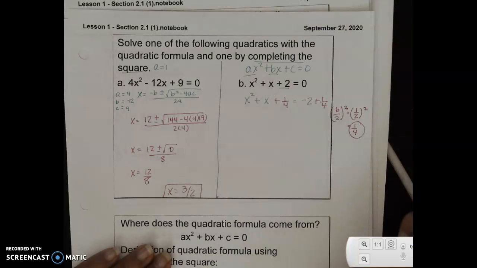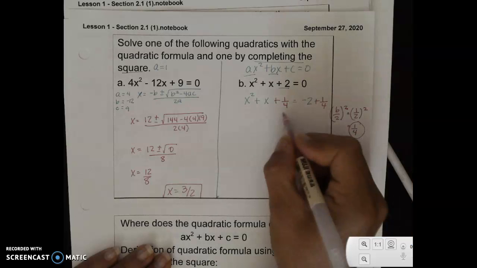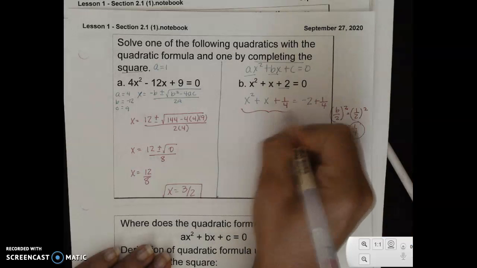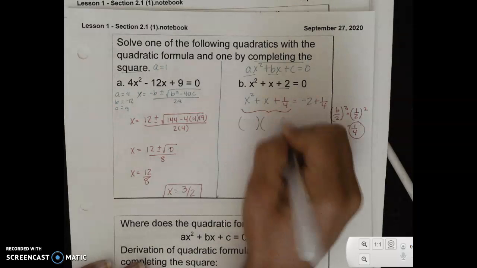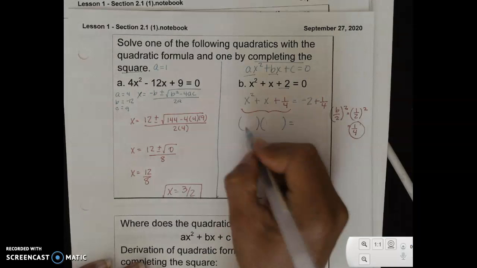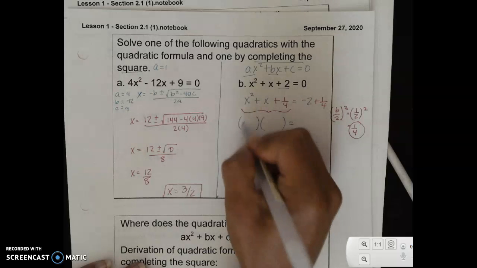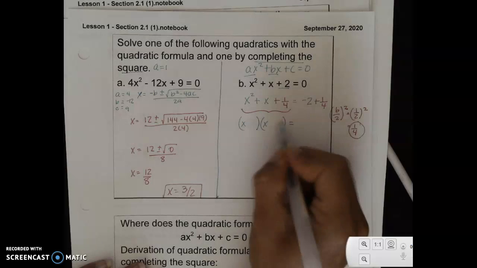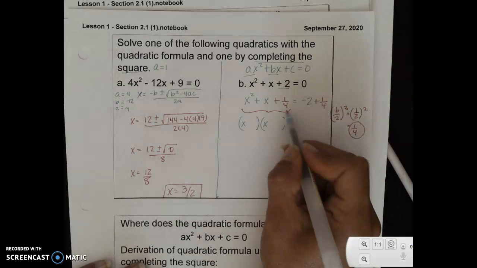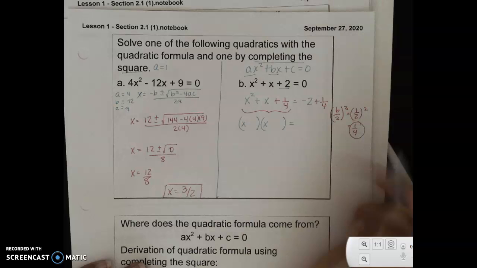Now, at this point, you should always get something here that is factorable, that you can factor into 2 of the exact same factor. So x and x is going to have to be what goes first. Then for this last number, I'm looking for numbers that multiply to give me 1/4, but also add to give me 1.